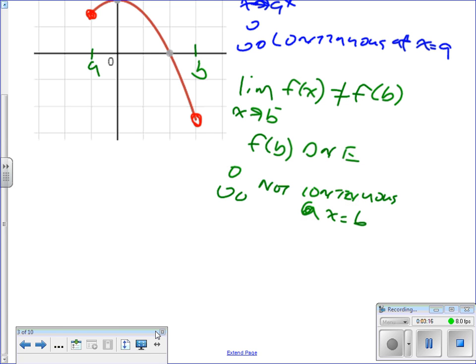So actually, this part here is irrelevant, because I have to have three things, and the point itself not existing is one of the three things it violates. I have to have a limit, I have to have the point, and I have to have the point and the limit be the same. The point and the limit are not the same, but then the point itself doesn't exist. So two out of the three things don't work.